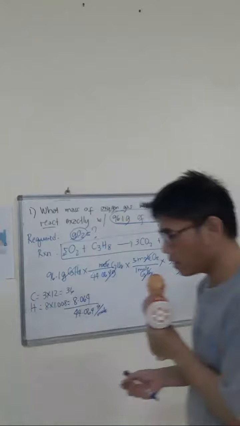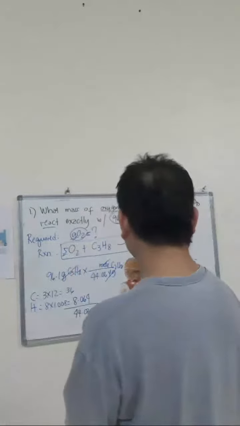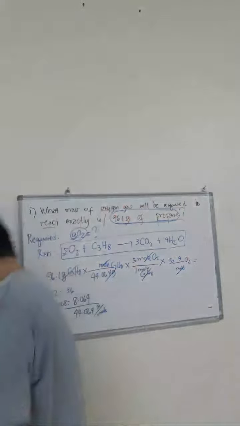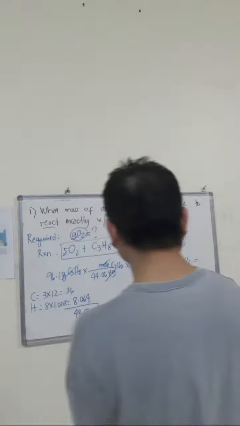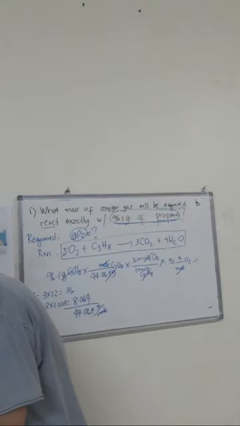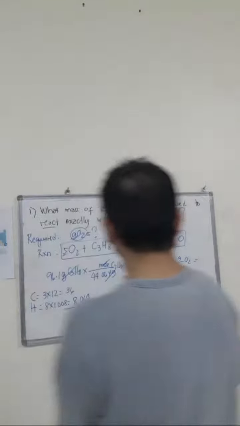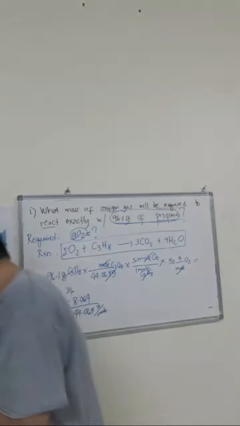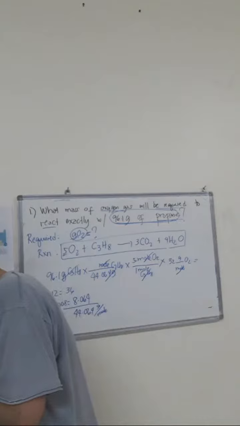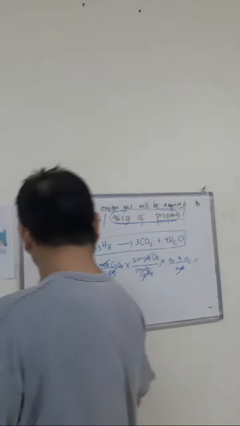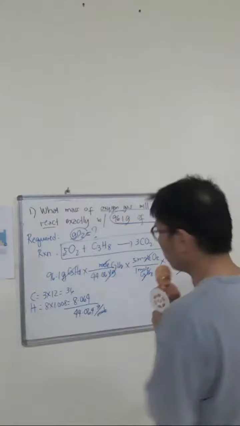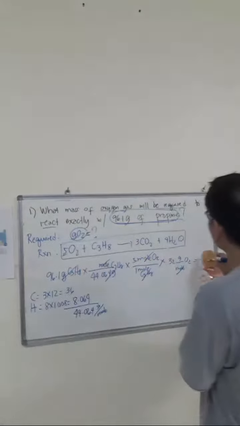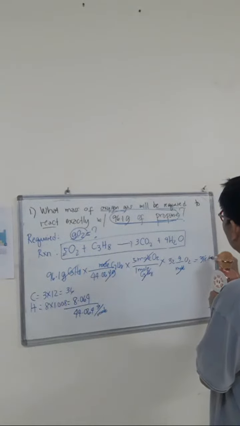How much is this? 5 times 32 times 96.1 divided by 44.064 is equal to 348.98 grams of oxygen gas.